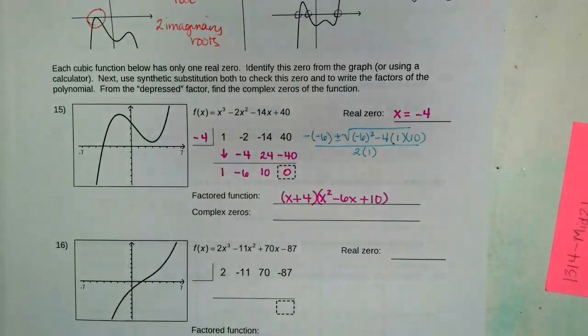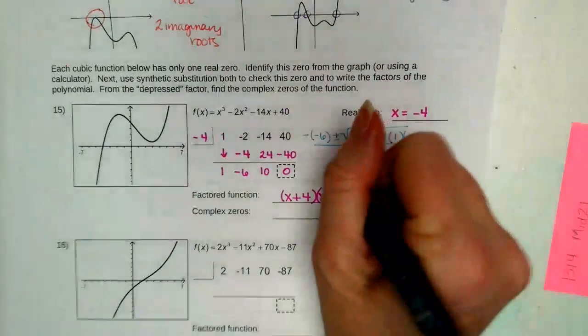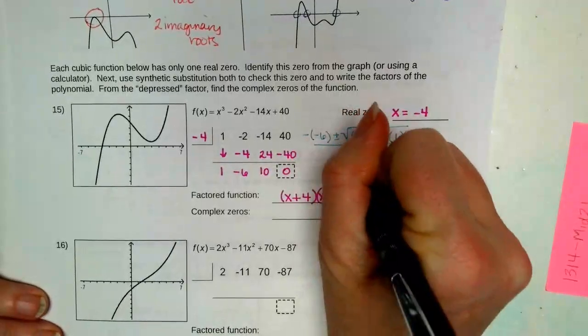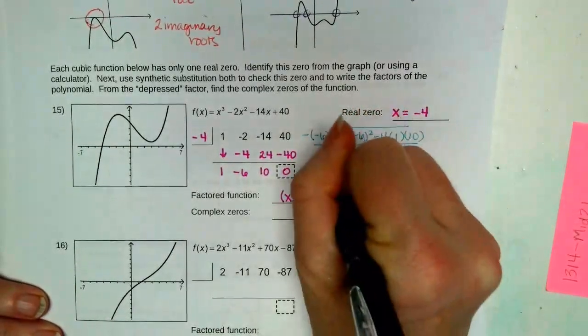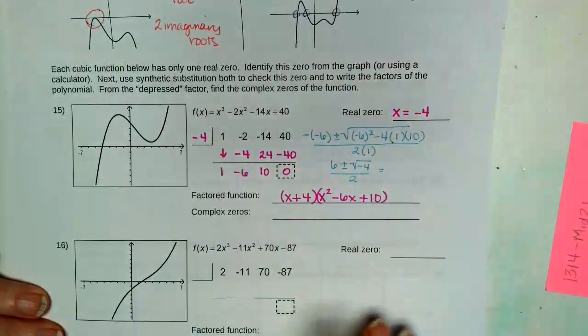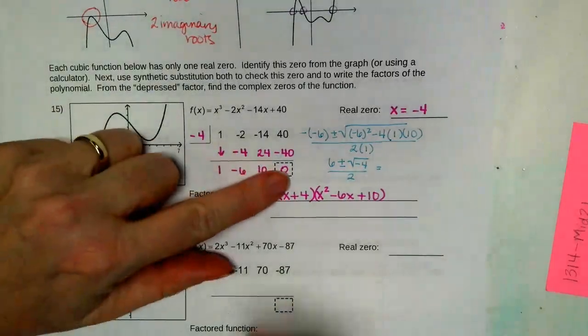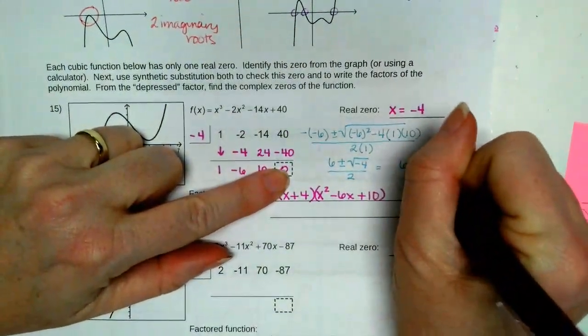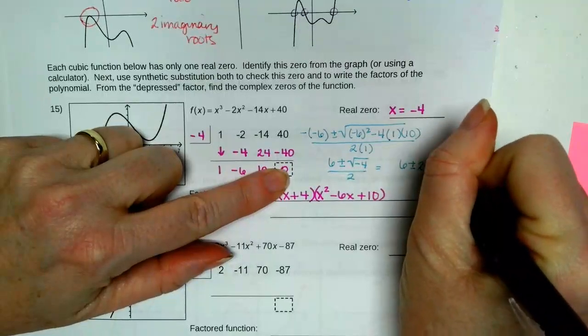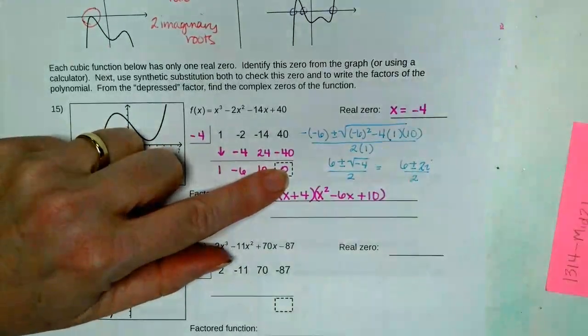I am going to use my calculator to simplify what's under the radical. It should come out to be a negative number. It does. It comes out to negative 4. So I get 6 plus or minus the square root of negative 4 over 2. So 4 is a perfect square. It just happens to be imaginary. So I'm going to get 6 plus or minus 2i over 2.